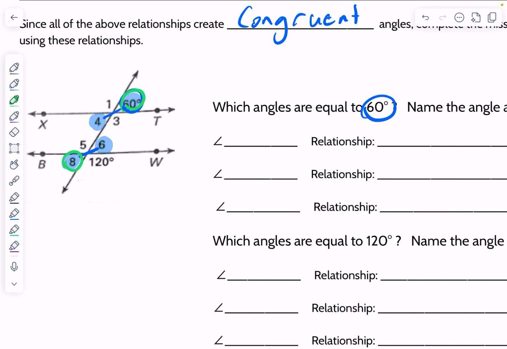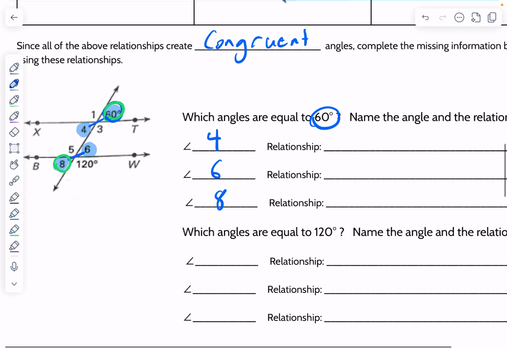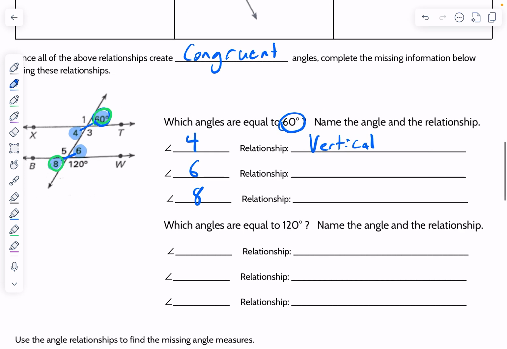Okay, so now we're going to write these down. So our first one we had was angle 4, then we had angle 6, and we had angle 8. The relationship I chose for angle 4 was vertical angles. And then I said 4 to 6 is alternate interior, right?